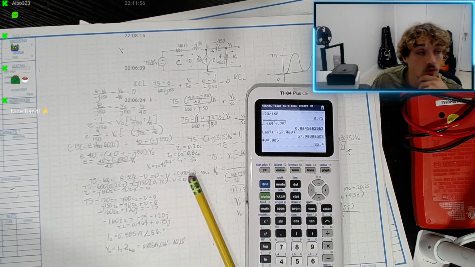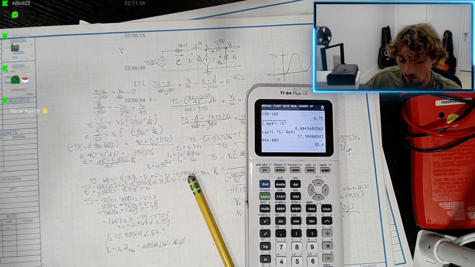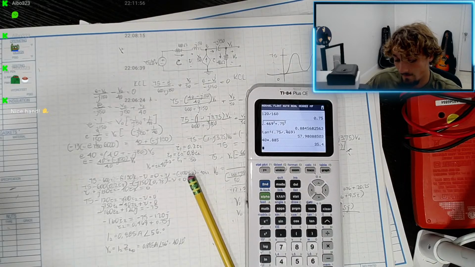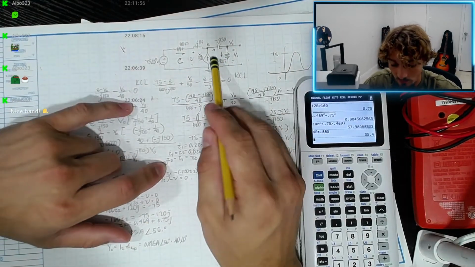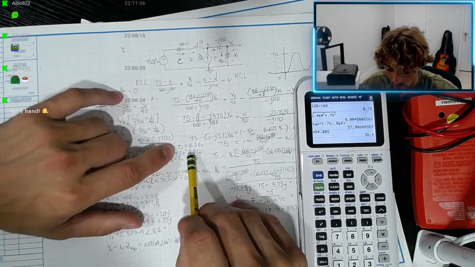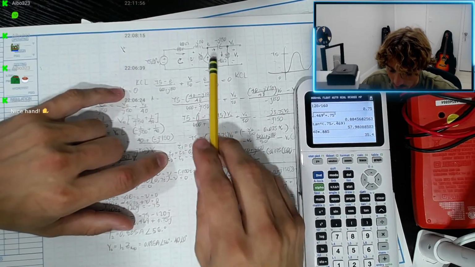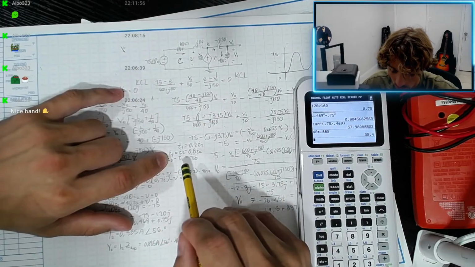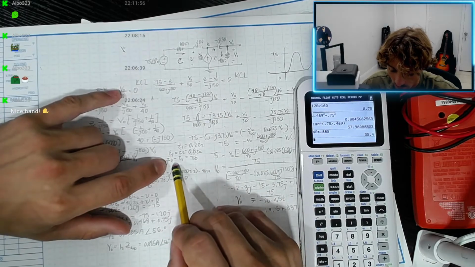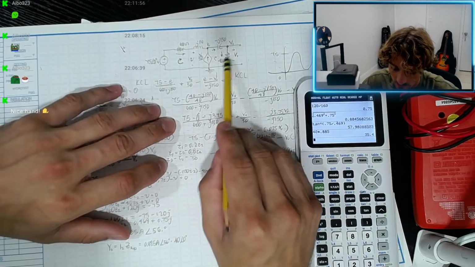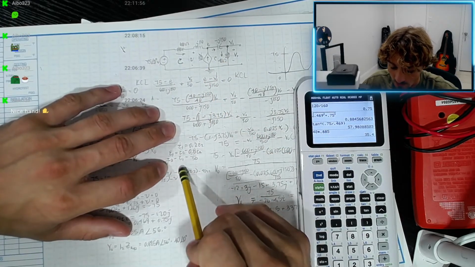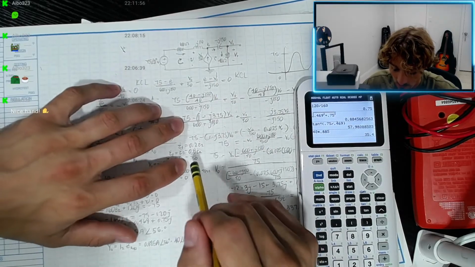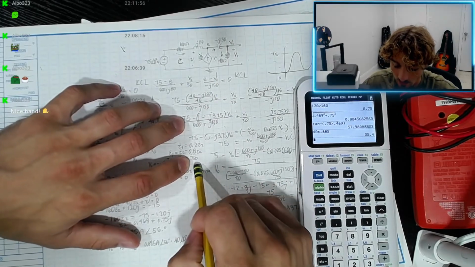Oh man, I'm literally doing everything right, and it's just not working. There's something entirely different that needs to be done. I2 going in this direction, I1 going in this direction, I2 minus I1 equals V out divided by 50.